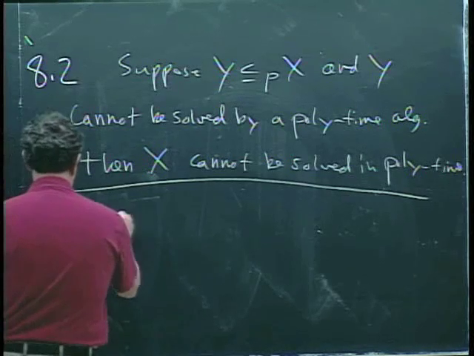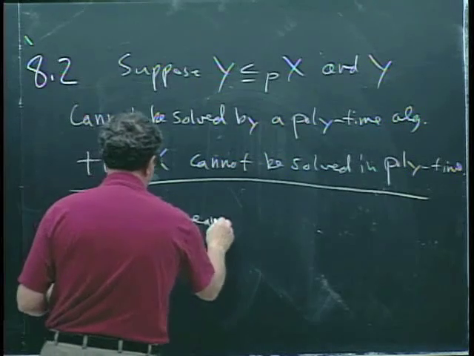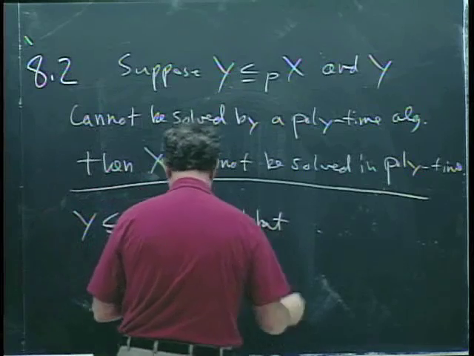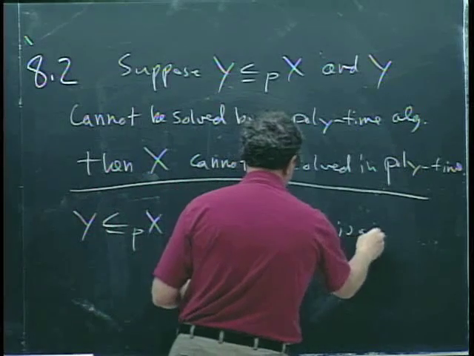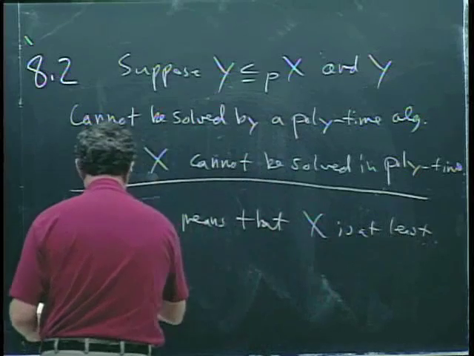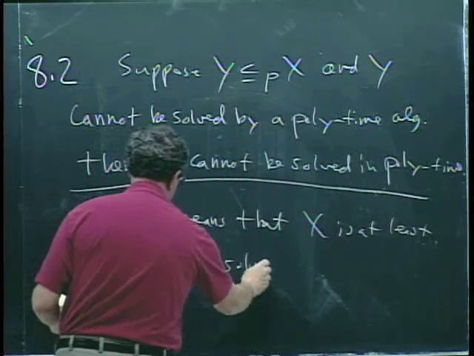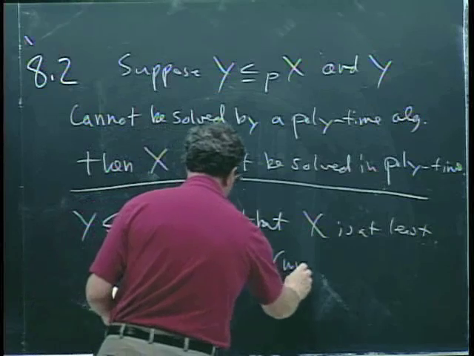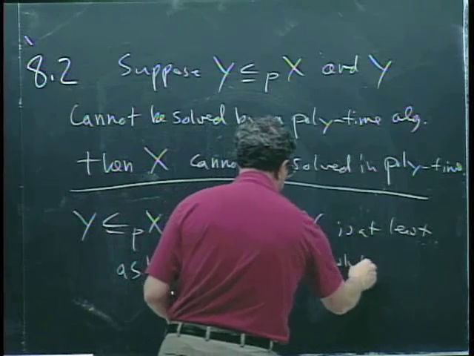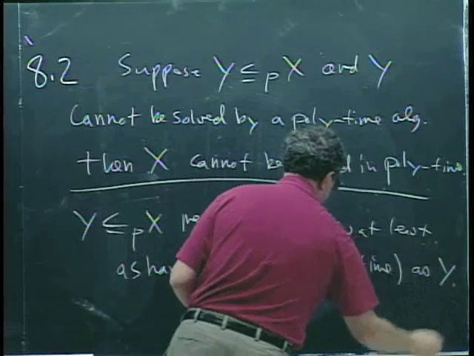So y polynomial time to x means that x is at least as hard to solve, at least with respect to polynomial time, as y.